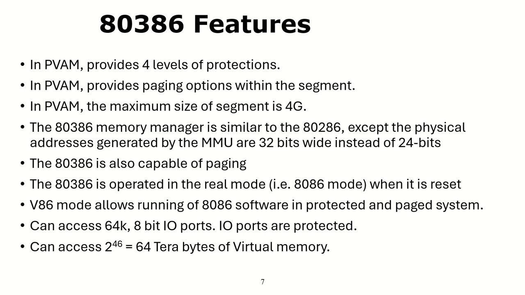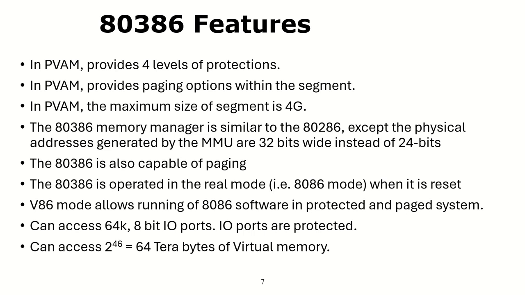When you are in protected virtual addressing mode, the addressing capacity goes to 2 to the power of 46, that is 64 terabytes in the 386. So that's the interesting thing: physically 32 address lines and virtually 46 address lines.